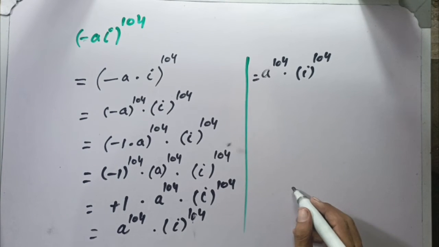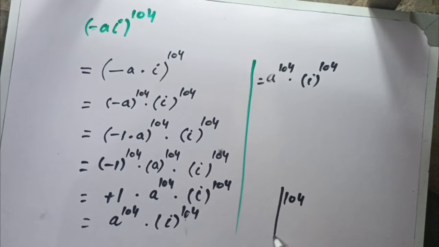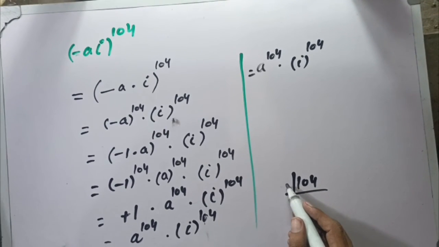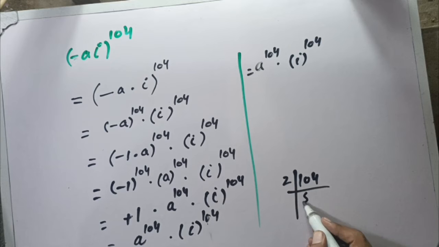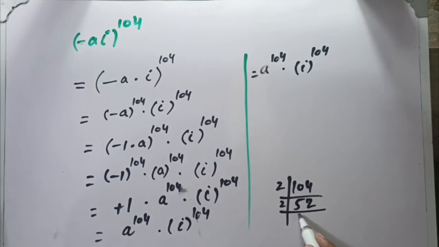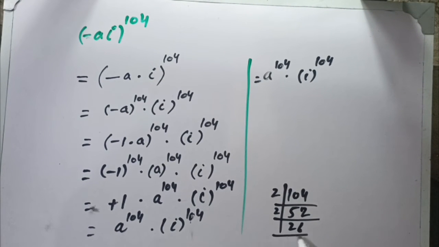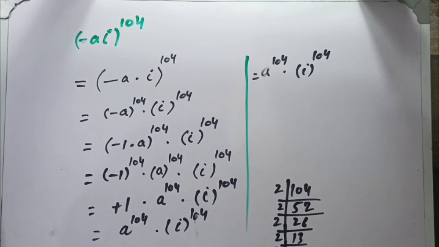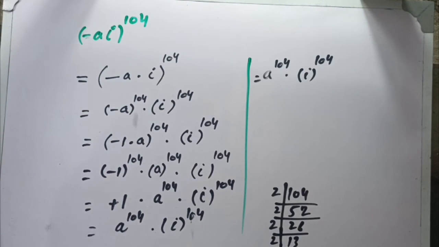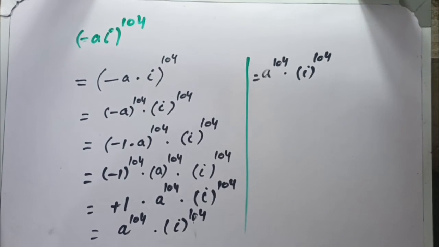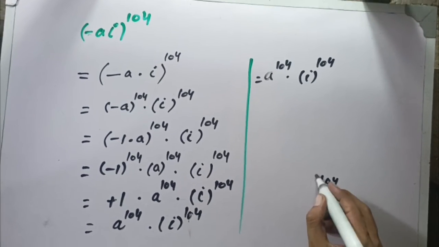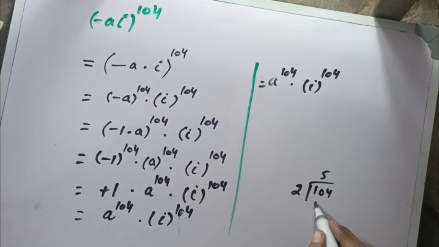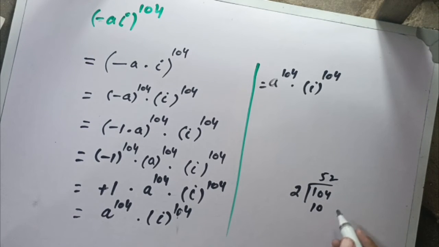We can simplify it by making factors, or we can solve it this way: 104 divided by 2 is equal to 52.